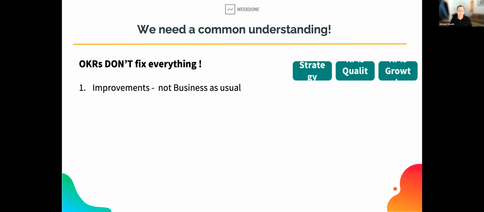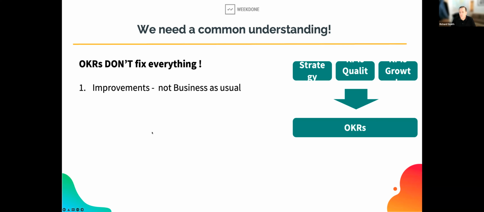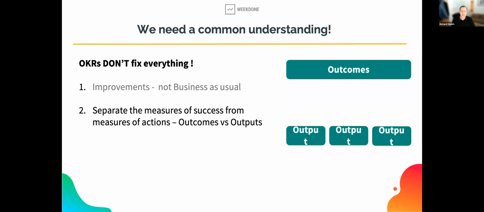We could say, well, we are at X and we want to grow to Y. Just saying that doesn't make it happen. We need to set an OKR to drive improvements that are going to make it improve. So understanding the purpose of OKRs is critical. Strategy, quality KPIs, or growth KPIs drive the OKRs.